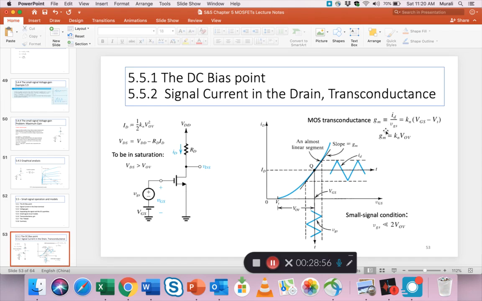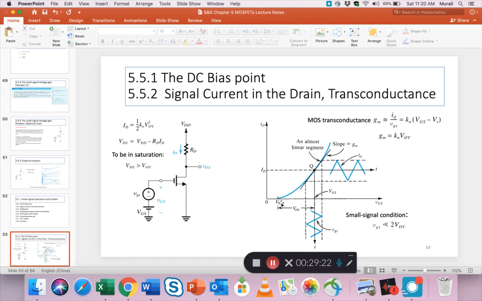It's a very important factor that we used in BJTs, and we'll use it here also as we create the small signal models. So let's go ahead and understand the definition of gm, the MOS transconductance. So again, the graph is VGS to ID, and it's in this form.